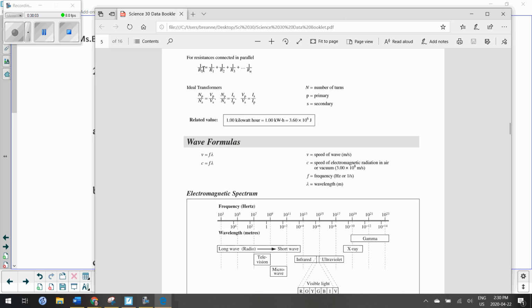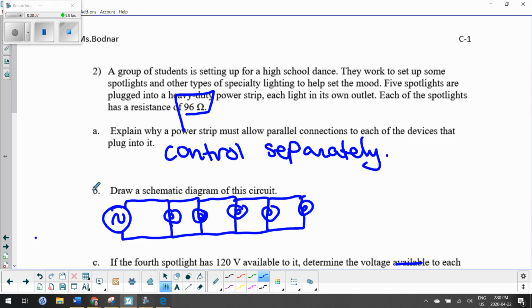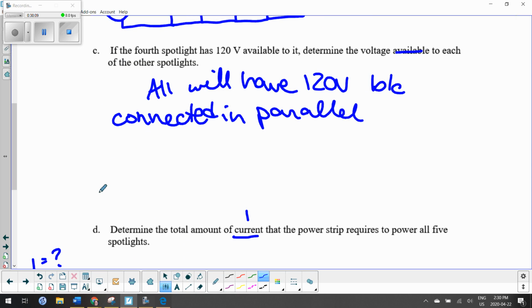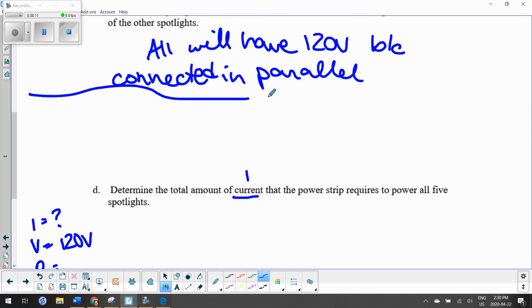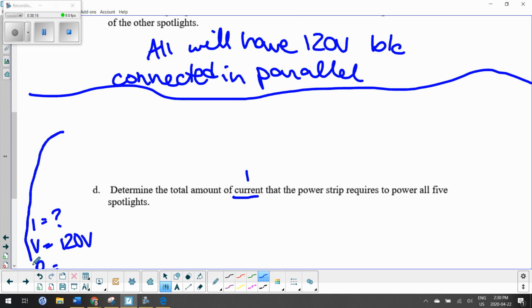So that means I have to use this calculation right here, 1 over RT. I'm going to do this up top here just so that you can see it. This is to calculate resistance. So I get 1 over RT, which equals 1 over 96 plus 1 over 96 plus 1 over 96.